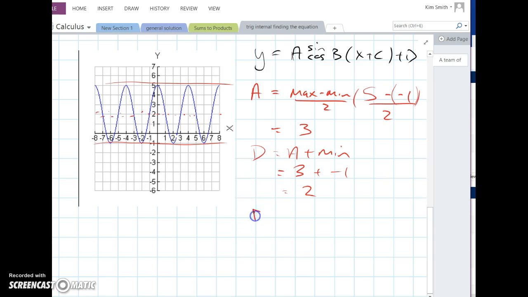Okay, my b is always going to be 2 pi divided by how long it takes to complete one cycle. So if I look at this, it's up at the top there, and there is the same position, and it's gone from 0 to 4, so I'm dividing by 4, so I can simplify that to pi over 2. Now, I'm going to use just the looking at it method.